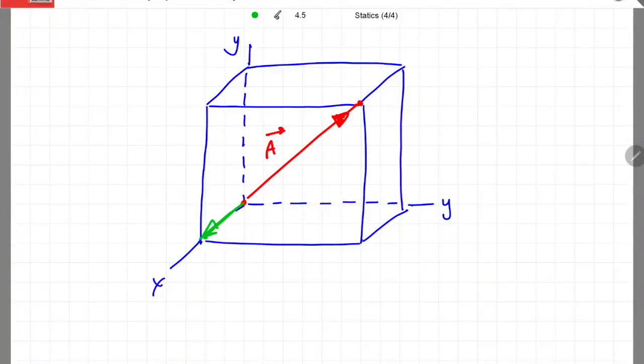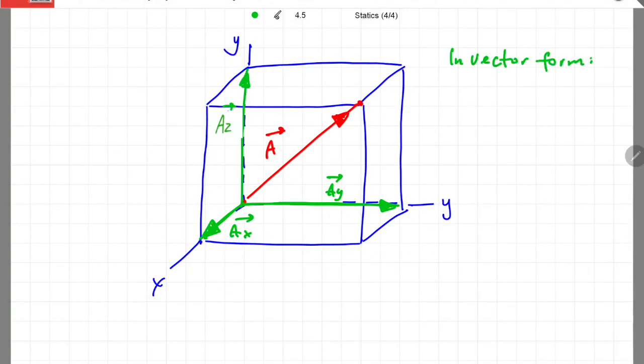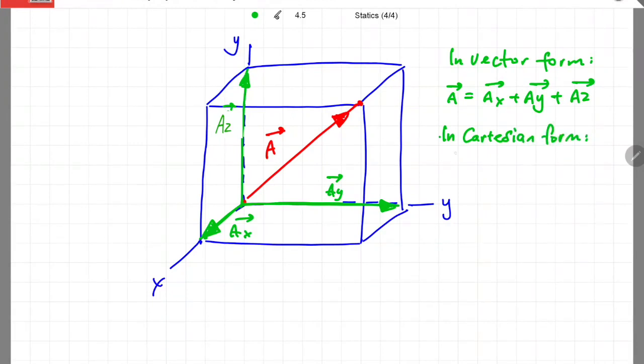Complying with the vector addition principle, we can say that vector A is equivalent to vector AX plus vector AY plus vector AZ. In Cartesian form, we can rewrite vector A as AX in the direction of i plus AY in the direction of j plus AZ in the direction of k.